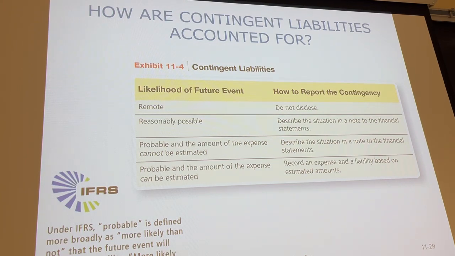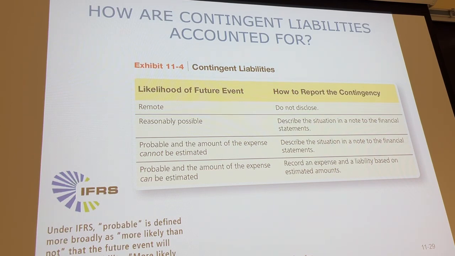So if somebody files a frivolous lawsuit against our company and our attorneys tell us that it's a frivolous lawsuit and it's very unlikely that we'll have any actual damages that result from that, then that means that it's remote that we'll have damages. Therefore, we don't have to do anything to disclose that in our financial statements.